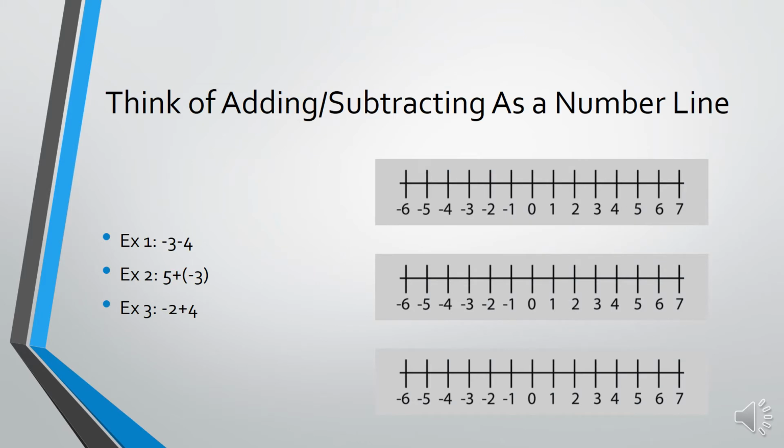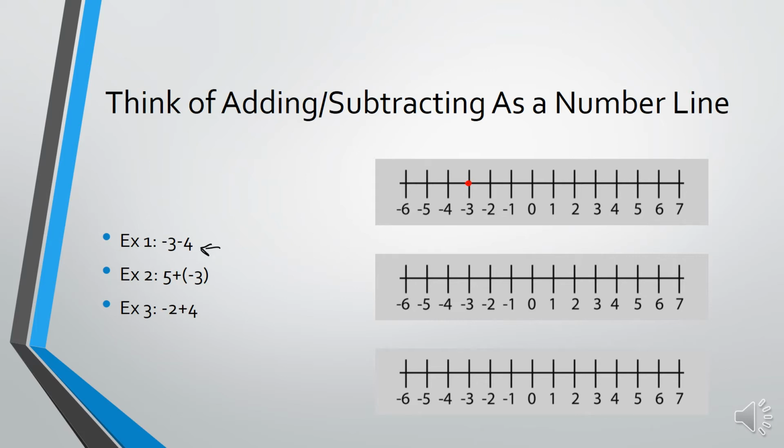The first thing we want to do is add and subtract integers. And the easiest way, I think, is to think of this in terms of a number line. So let's look at example 1. Here we're going to do -3 minus 4. This problem says start at -3, so that's here, and go left 4.